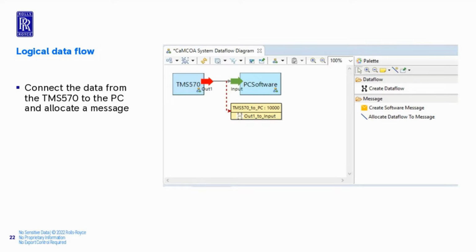So now we've said that the data needs to be sent from the TMS 570 to the PC, we now need to make that connection at the top level. So we're saying that out1 is directly connected to the input on the PC software. Once we've established that link, we can then allocate that data to be sent on a message.